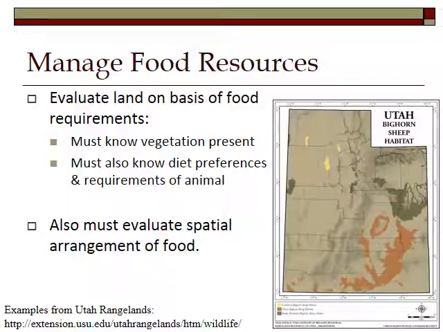If you know what vegetation is present and you know what the diet preferences and requirements of the animal are, you could map the spatial arrangement of foods. So here's an example. This is in the whole state of Utah, where they mapped areas that would be high bighorn sheep habitat based on food requirements. So it can be done.